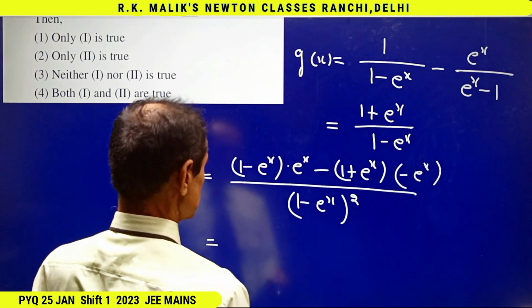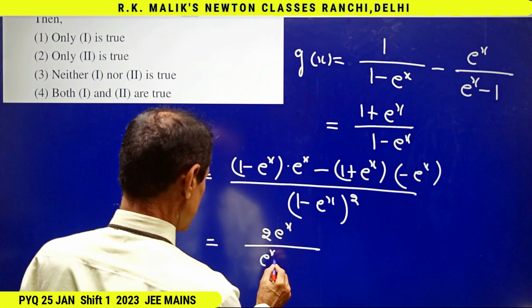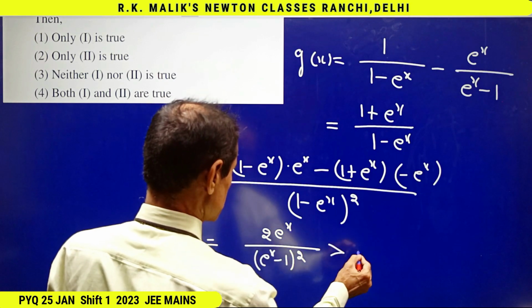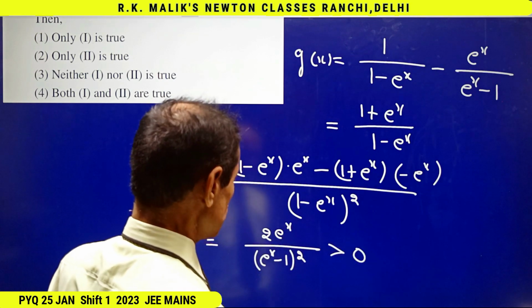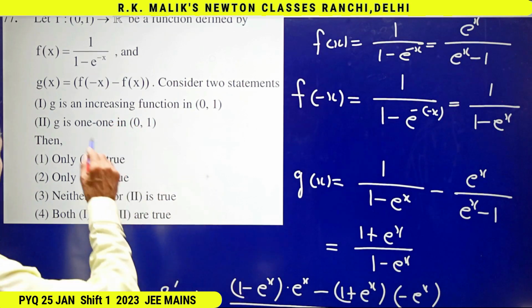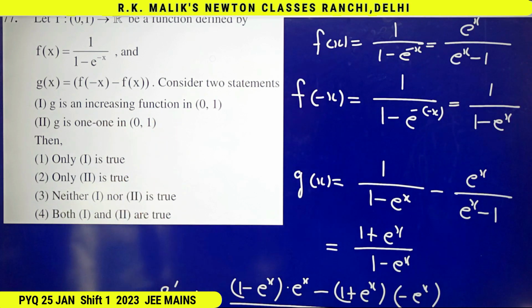This is equal to 2e to the power x upon (e to the power x minus 1) whole square, which is clearly positive for every value of x. Hence, in the interval (0, 1) also.